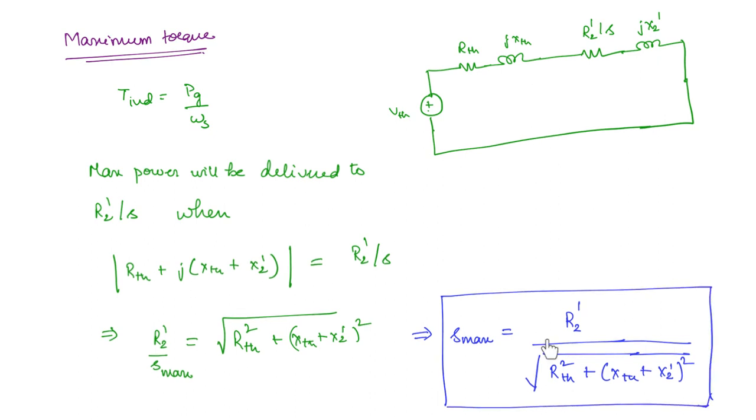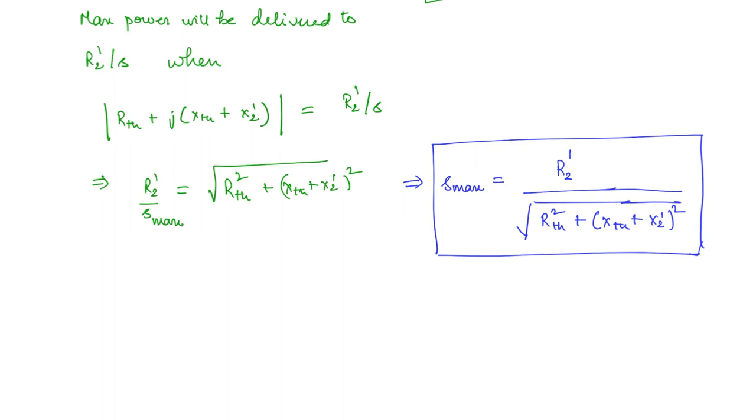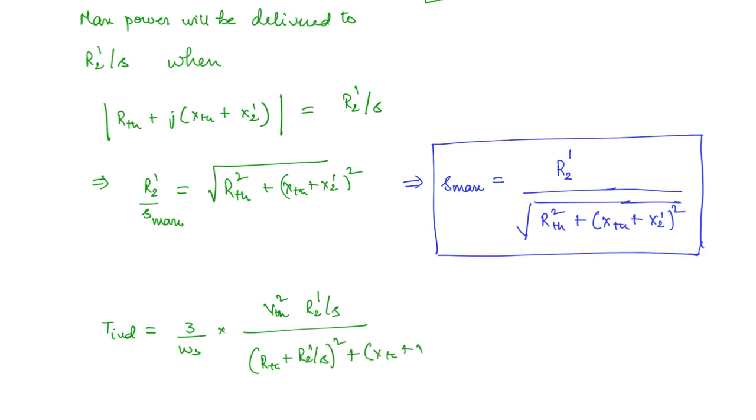So now this expression you need to substitute in the expression for induced torque. What is the expression for induced torque? We have seen T induced is equal to 3 by omega S, VTH whole square into R2 dash by S divided by RTH plus R2 dash by S whole square plus XTH plus X2 dash whole square, okay?